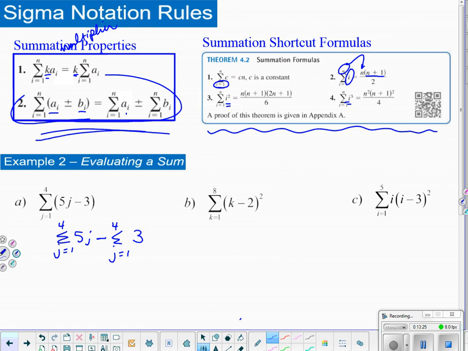So I could bring this 5 out front. I think I'll use that rule as well. So I have 5 times the summation j equals 1 to 4 of j minus the summation j equals 1 to 4 of 3.